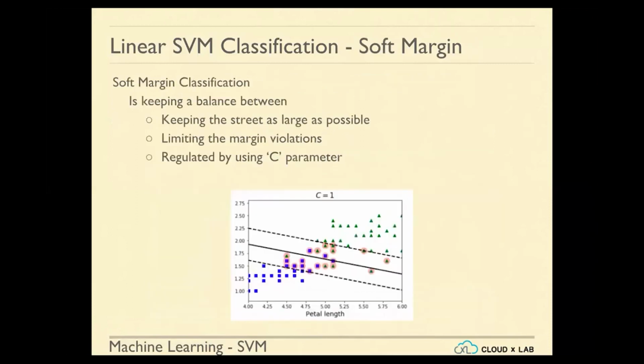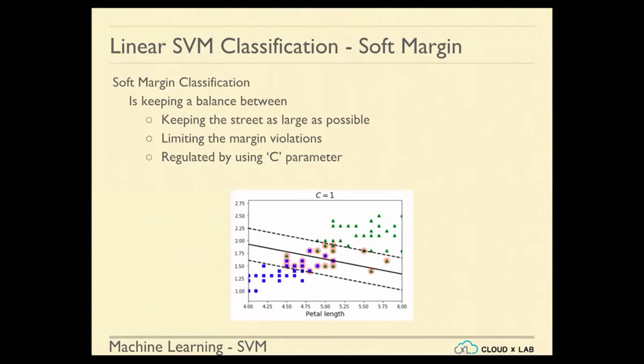Okay, that's where soft margin classification comes into play. In case we can't fit a street into the data, instead of saying it's not going to work, we say let there be error, and let's figure out a way of minimizing the error.